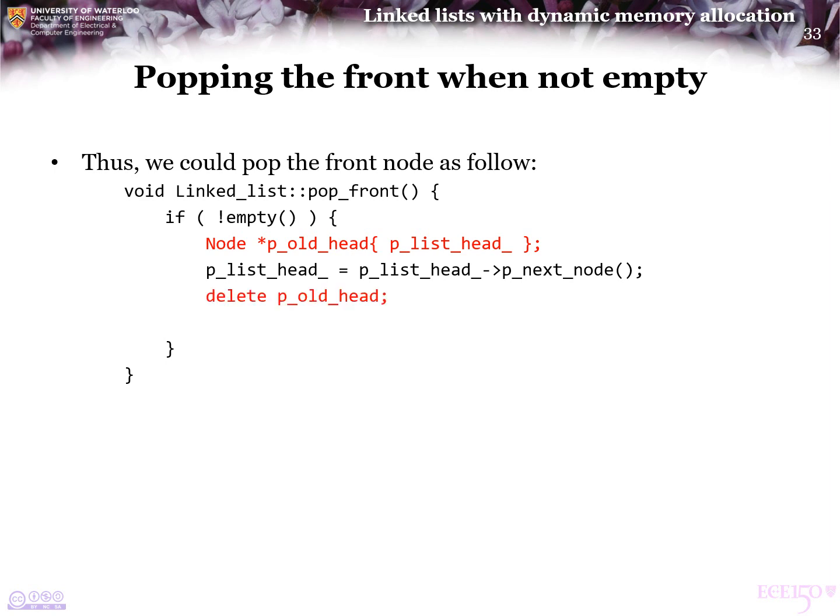Now we can delete the old list head as we've extracted all useful information from that first node. And just to be very careful, to avoid a dangling pointer, we will set pointer to old head the value of null pointer.